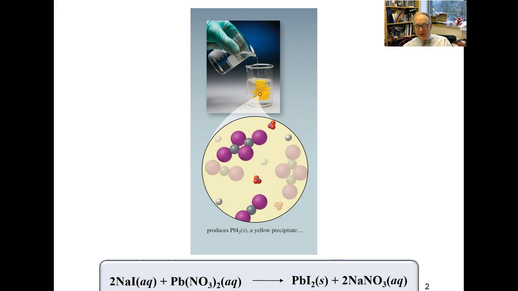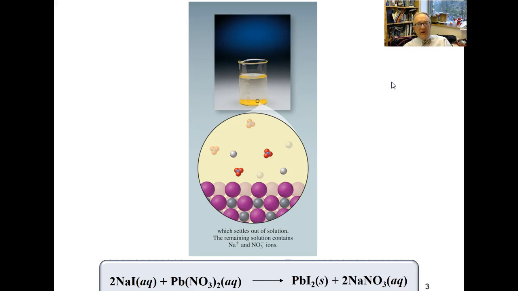So the sodium iodide plus the lead nitrate has reacted, and the lead 2+ ion has reacted with the I- iodide ion from the sodium iodide to make lead iodide, actually lead(II) iodide, if we use the correct Stock nomenclature. So that's a solid, that's the yellow substance that you see. And then we've made some sodium nitrate that's still dissolved and dissociated. It's still in the solution. So we've got this yellow precipitate, a yellow cloud that's being formed.